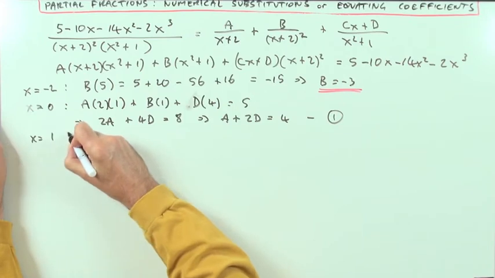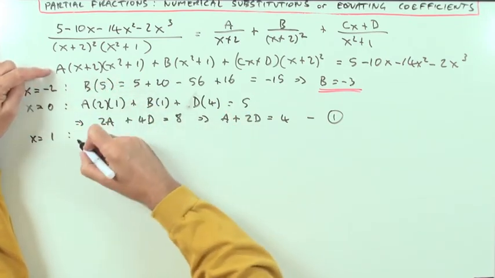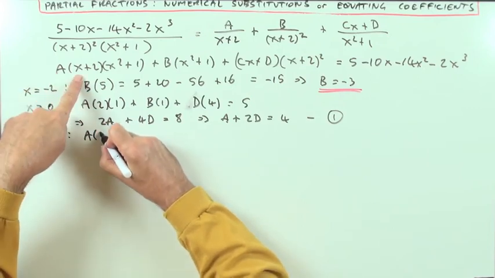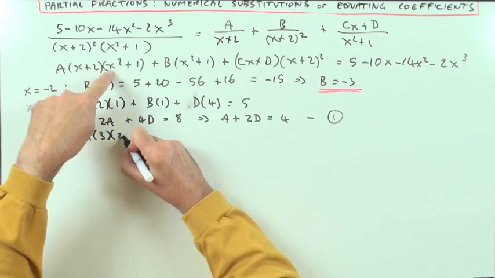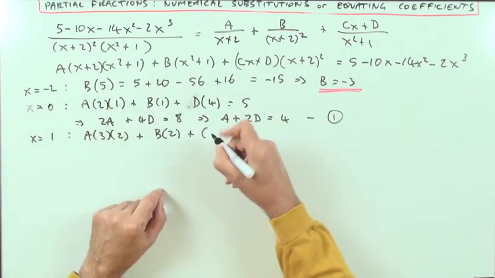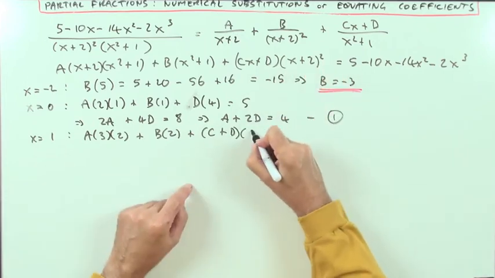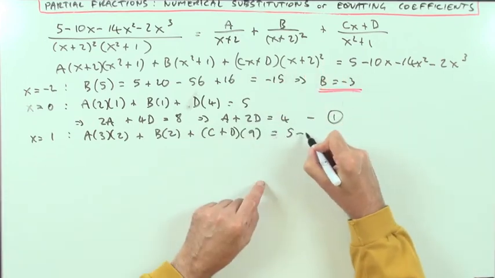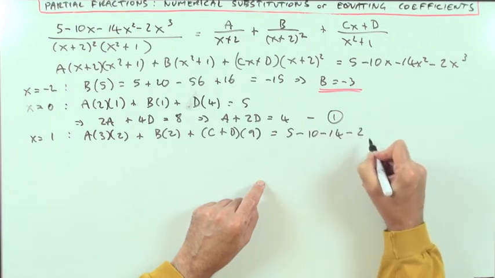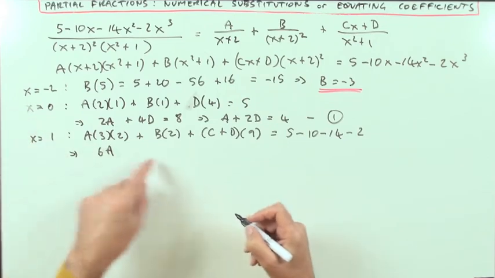Next easier one is going to be x equals 1. So putting 1 into it all, I'm going to have a times, that will be 3, that will be 2, that will be 2, that will be c plus d, that will be 3 is 9, and that's going to be 5, take away 10, take away 14, take away 2. So that's going to give me 6a.